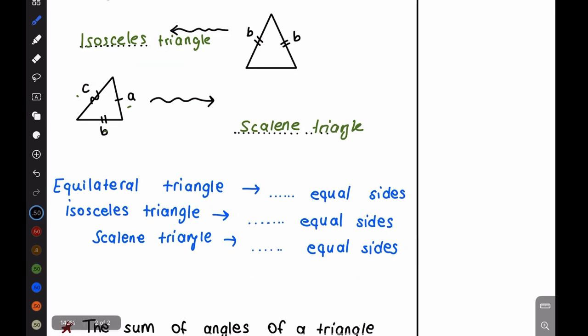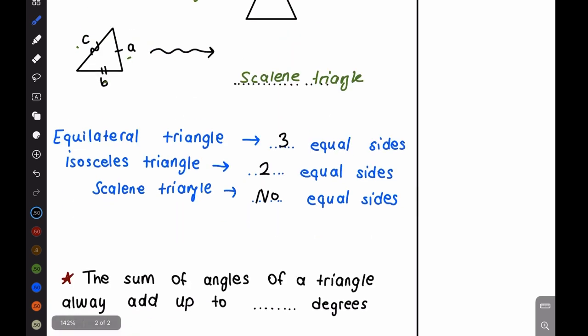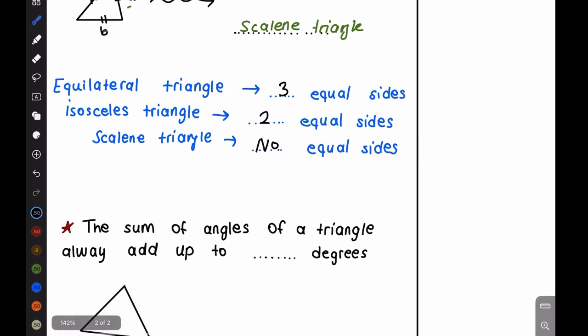For a quick summary, an equilateral triangle has three equal sides, an isosceles triangle has two equal sides, and a scalene triangle has no equal sides.